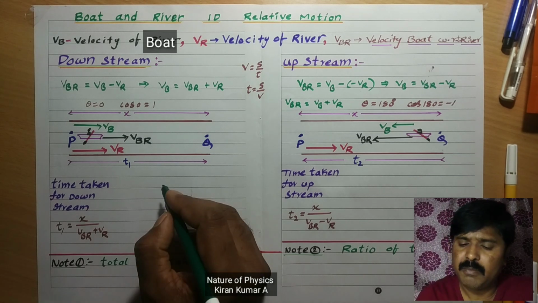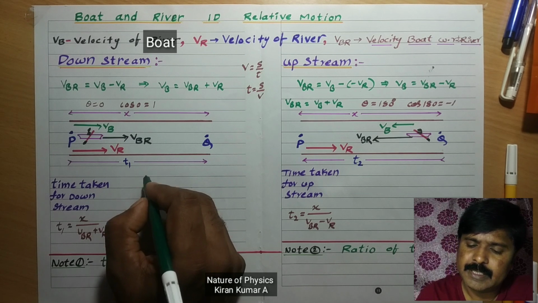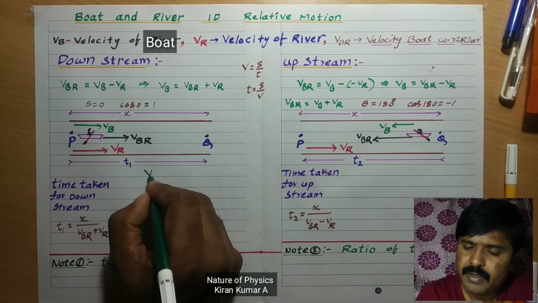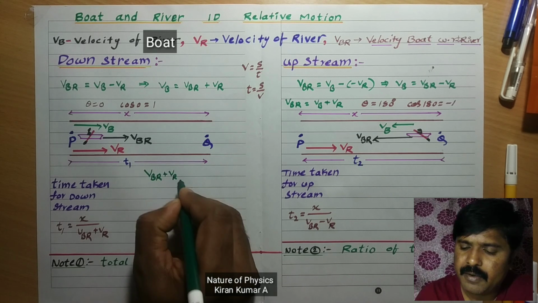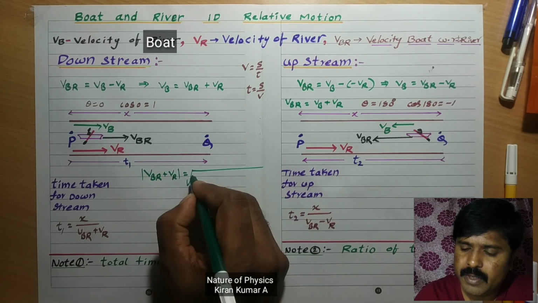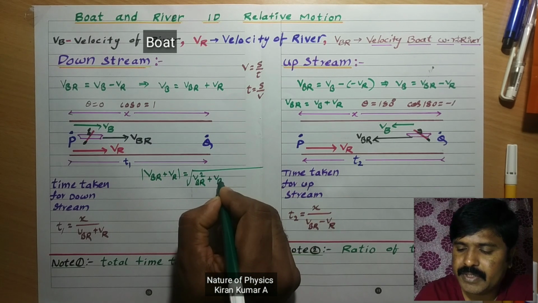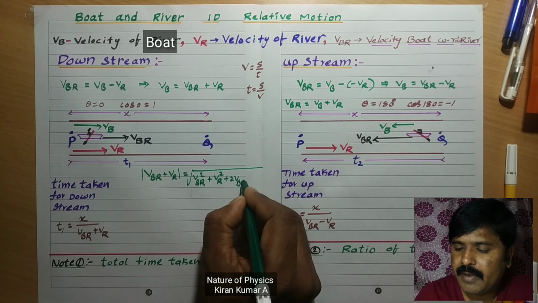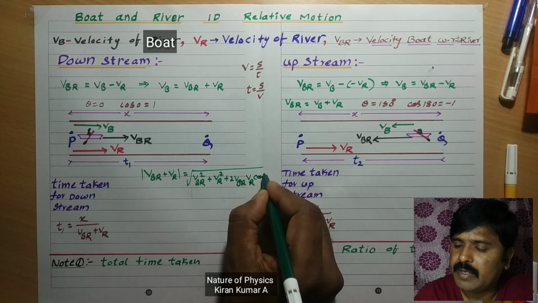Using the parallelogram law of vectors, the magnitude of Vbr plus Vr equals root over Vbr square plus Vr square plus 2 Vbr Vr cos 0.